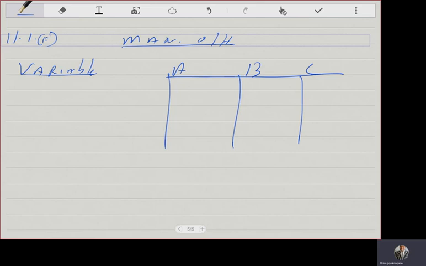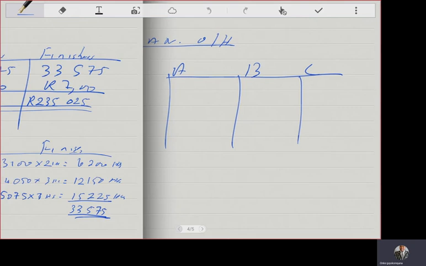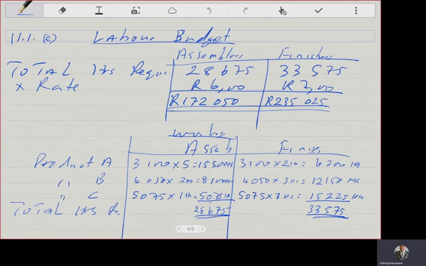When you do then this manufacturing overheads, because we've already been told, guys, that we are using the labor hours. We already calculated the labor hours required for each and every department that we have here. So we'll simply make use of those labor hours and then do our calculation.